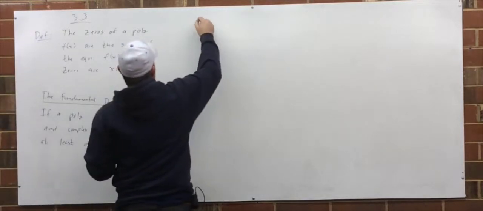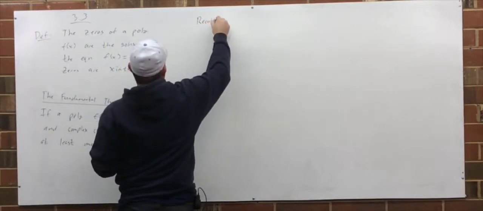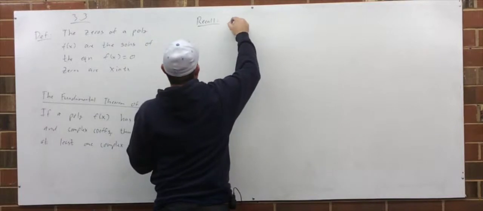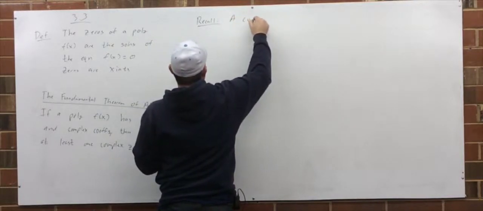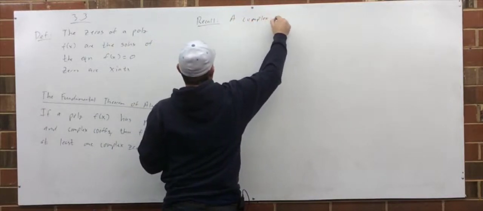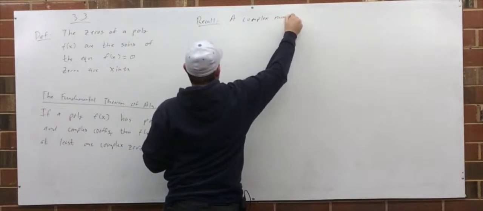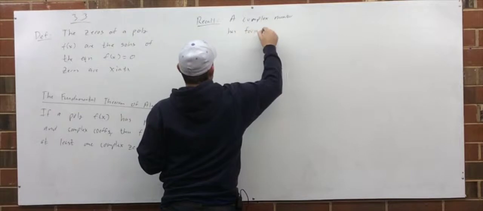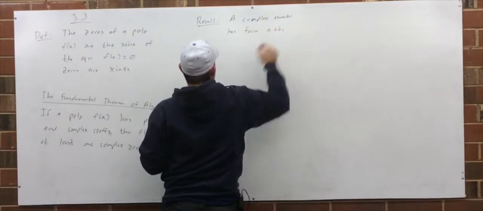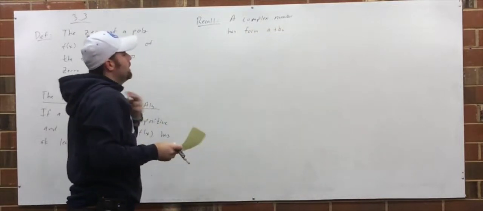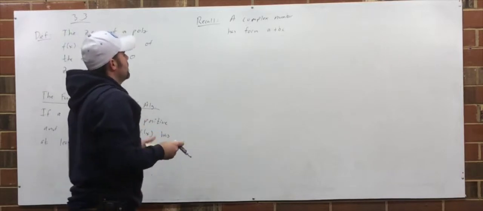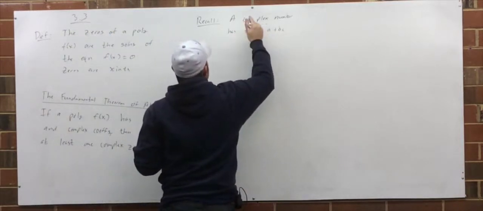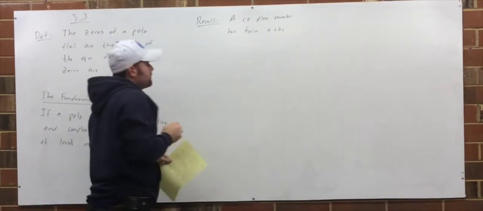Let me put this up here. Recall, a complex number is a number with the form a plus bi, right? Where a and b are real numbers, but together we make an imaginary number.